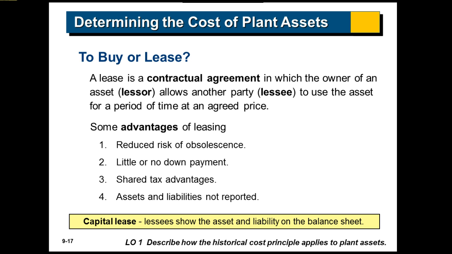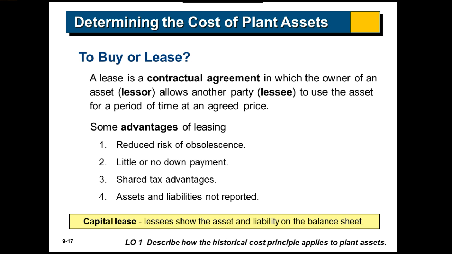The tax advantages are instead of depreciating the asset, you get to just expense that lease payment each period. And as a result of a lease, it's a pure expense. We're not showing an asset on our books with an increased liability. Now, this is what we call an operating lease.